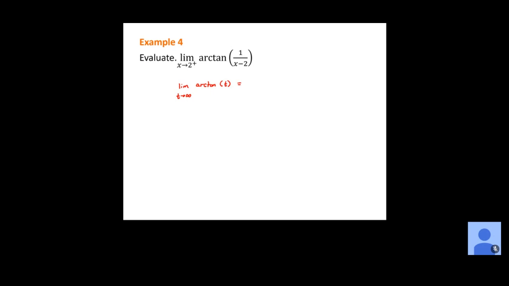Well, what do we know about the arctangent as you approach infinity? It's approaching pi over 2, right? So this limit right here is just going to be pi over 2.